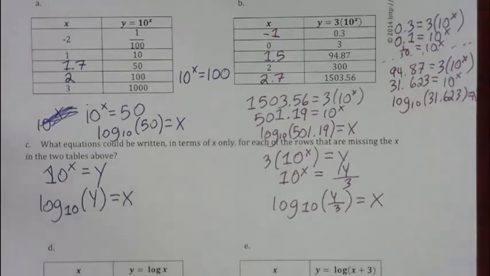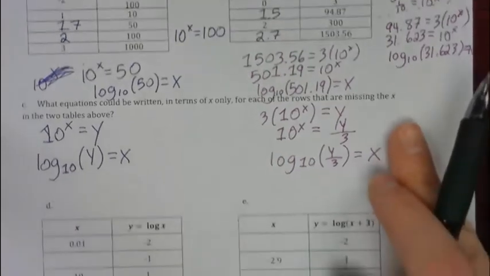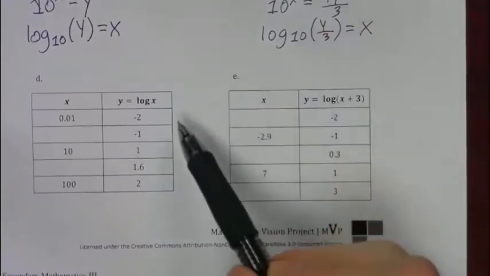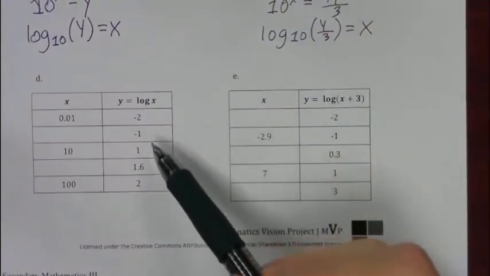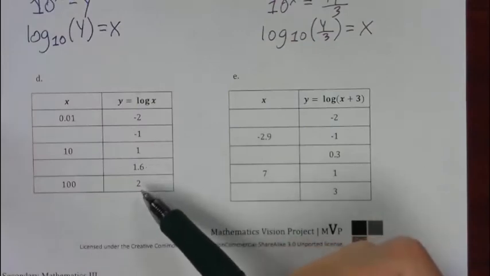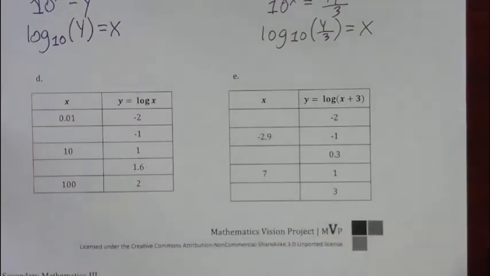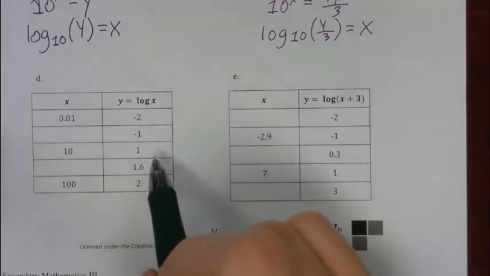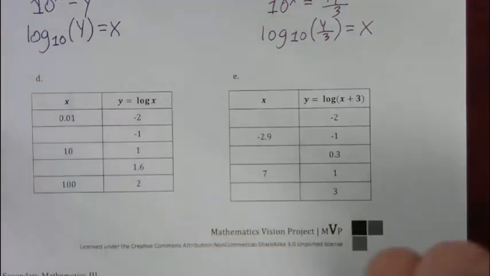Okay, so now moving into the next tables of this process. Now we have our table D. We notice that we have -2, -1, 1, and then 1.6 and 2. So our y's are going up by 1, and then our x's are changing.